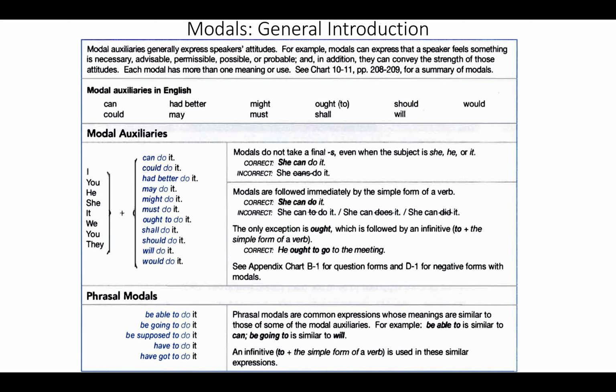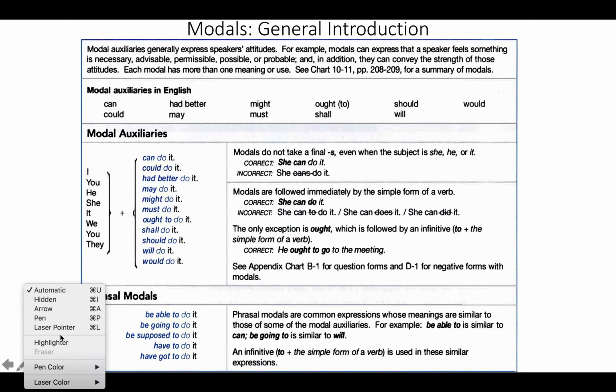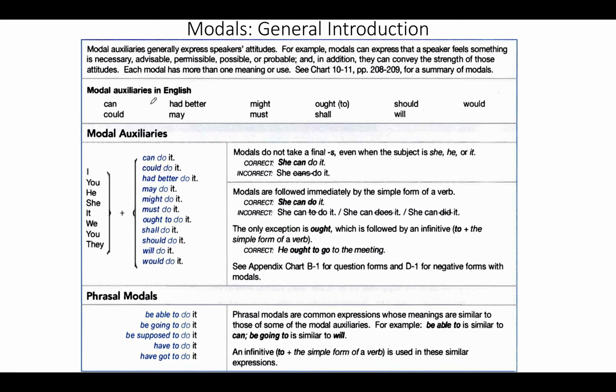For example, sometimes modals can express that the speaker feels something is necessary. Let me highlight this for you using a pen. We call these speakers' attitudes, which are added to the meaning of the verbs that we use in our communication.